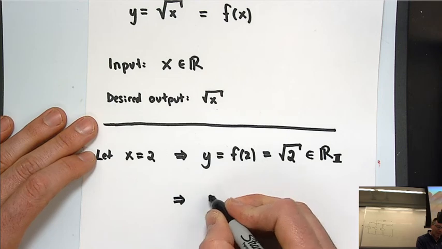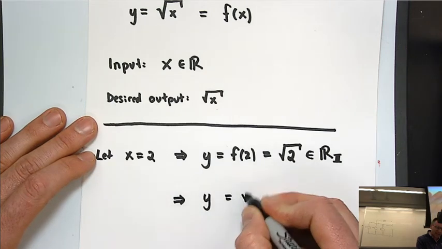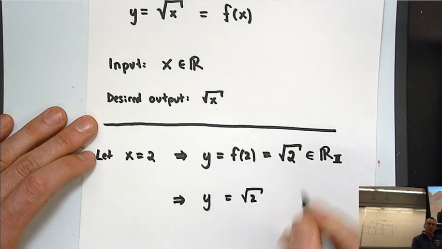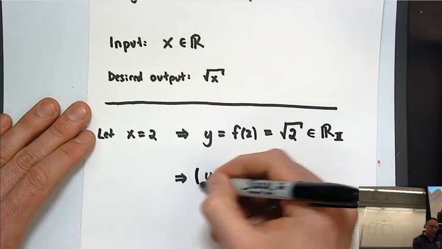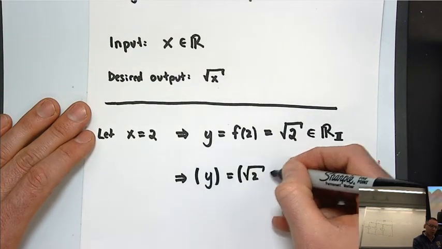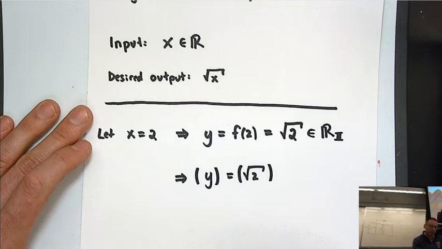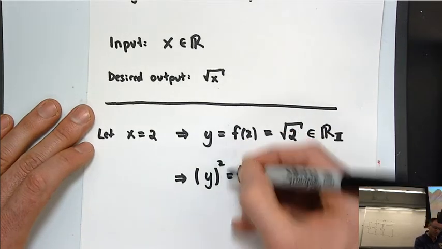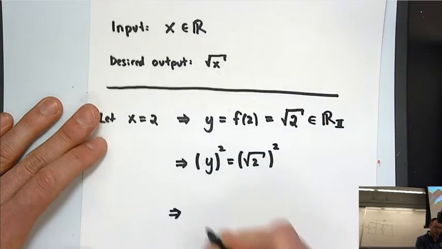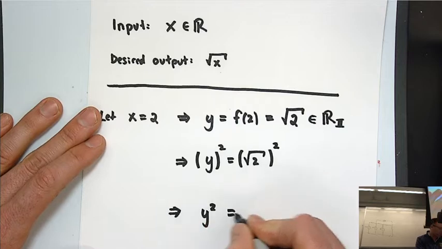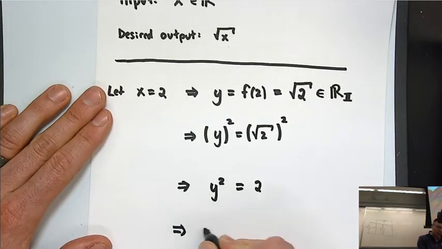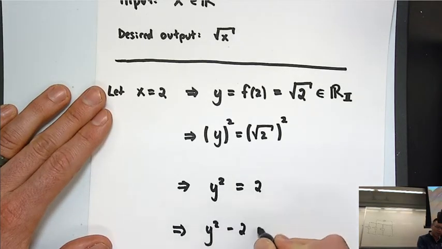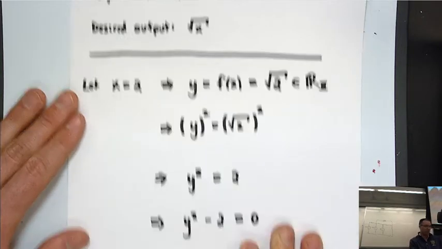Okay, so let's go ahead and look at this. If y is equal to the square root of x, what if I wanted to get rid of the square root? What would I do to get rid of the square root? Square it. Okay, so this would mean y squared is equal to 2. And this also would mean y squared minus 2 is equal to 0.